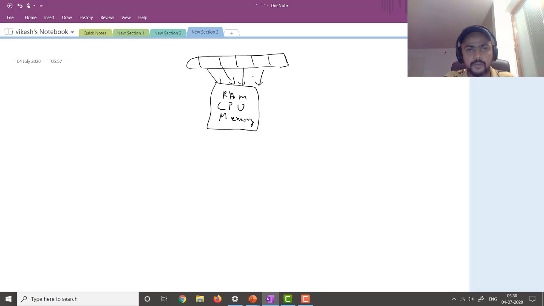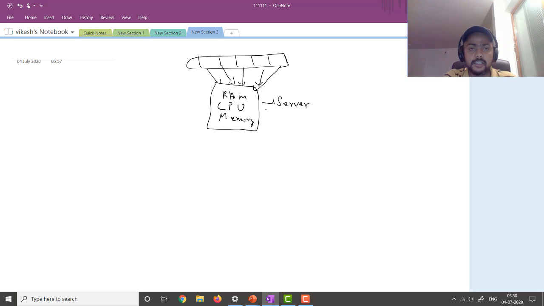Then if the requests are too many, there would be a time when your server just can't cope up with the requests, and at that time all the RAM and the CPU and the memory is just exhausted. So you need more space, you need more power to serve more requests.